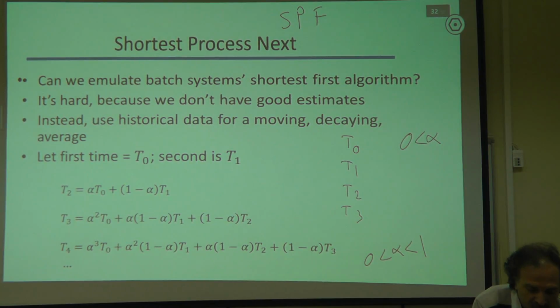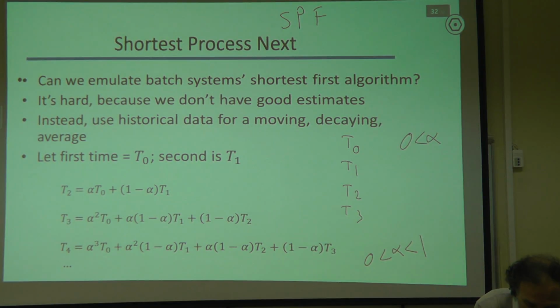To estimate T2, when I have T0 and T1, I would use this formula. Let's say alpha is 0.5, then 0.5 times T0, then 0.5 times T1. Then I have estimated T2.